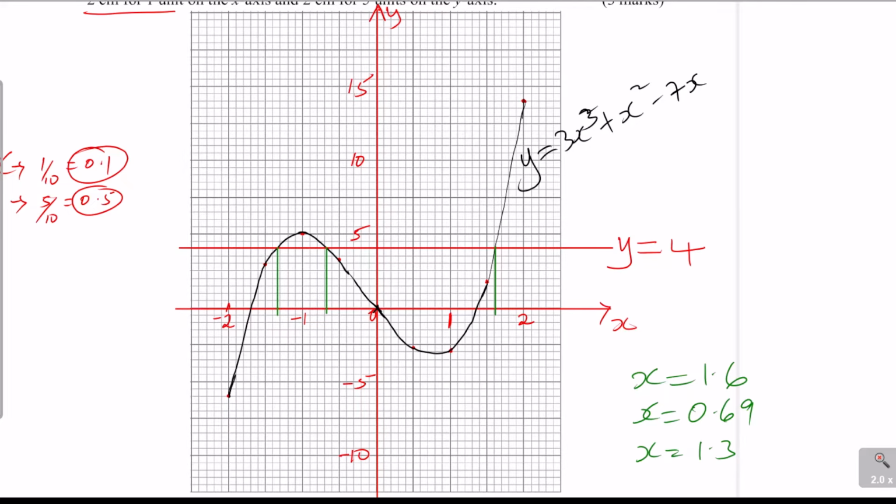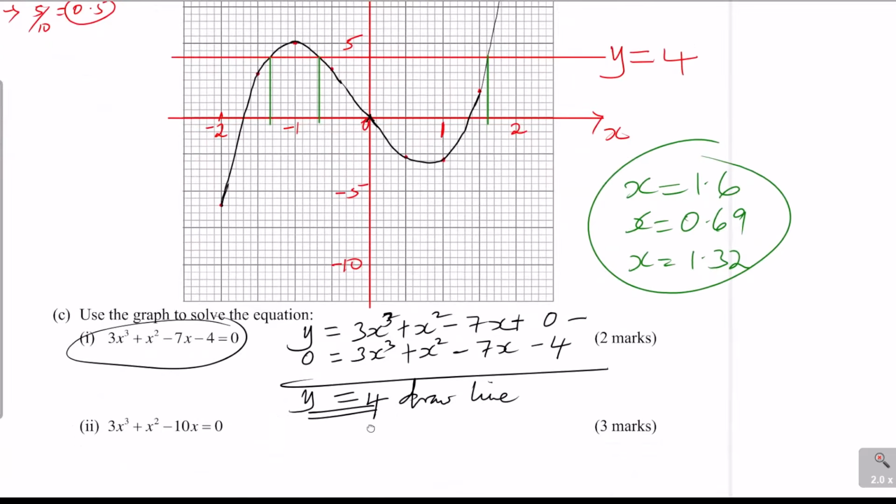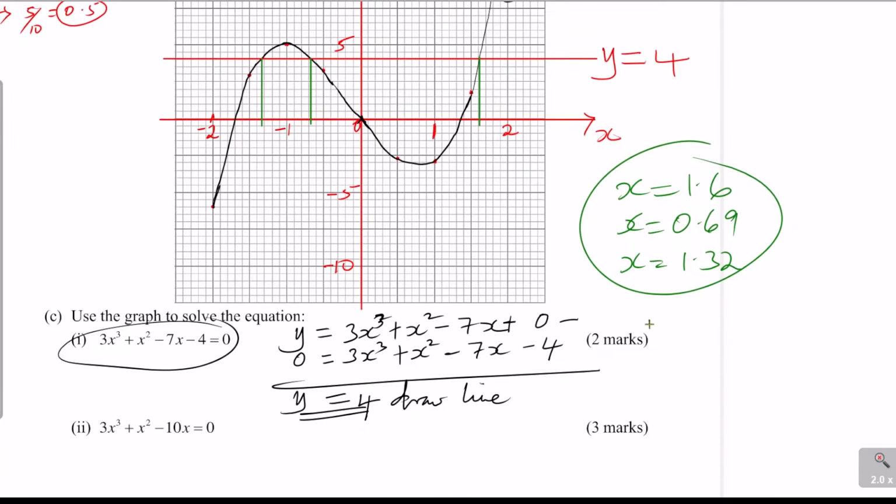Around this, if I approximate 3.2, around 2 there. So these are the values. So these are the values here. So I can write them here. So the solutions: x equals 1.6, x equals, and these ones are negatives.